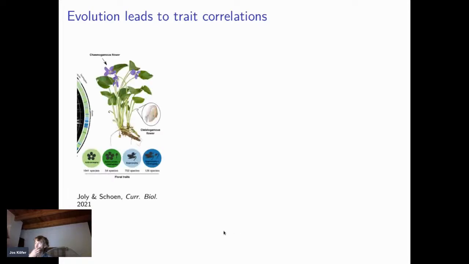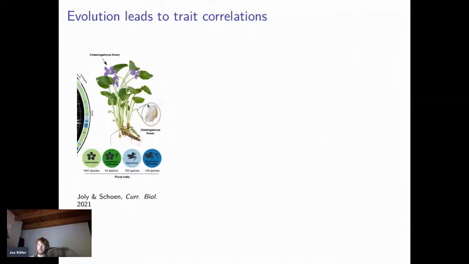Just to give you some other examples, here is a nice example by Joly and Schoen from 2 years ago. They looked at cleistogamy. Cleistogamy is the fact that some plants produce flowers that never open, and so the fertilization, the pollination, happens in a closed flower.